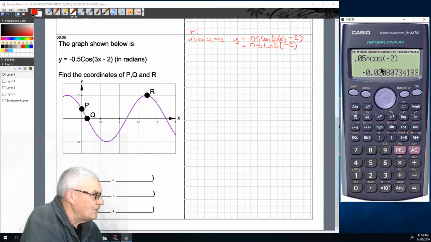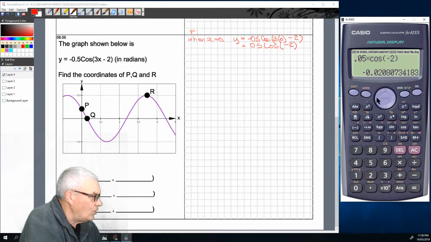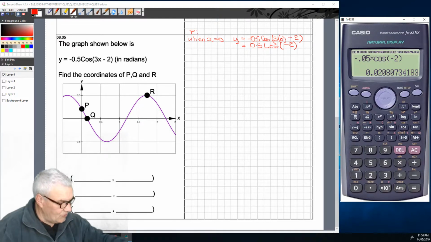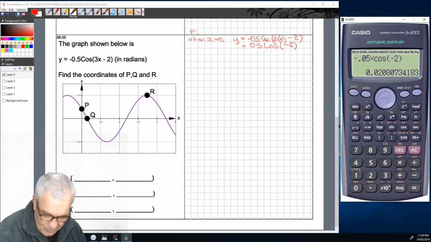Oh, I didn't. I've just checked it with my notes. So we'll just go there and put the minus in. Equals. Yes, and it's not. It's 0. Minus 0.5.